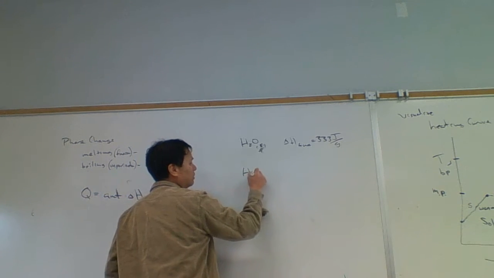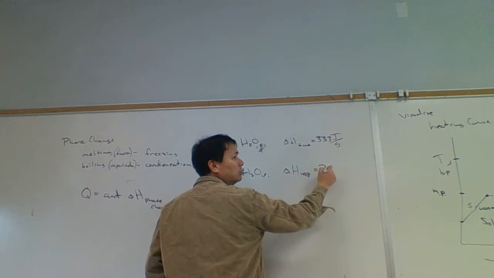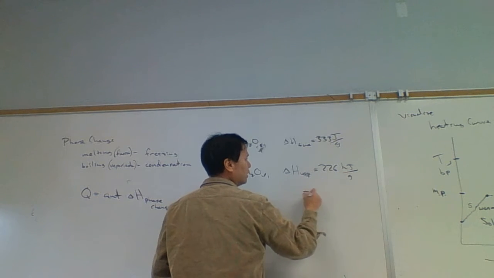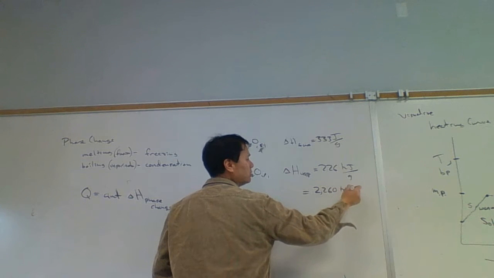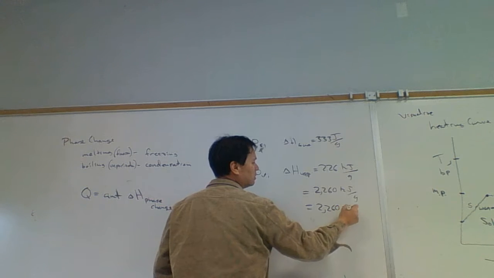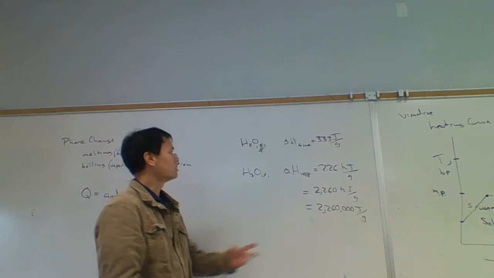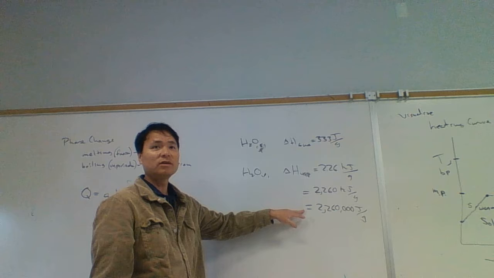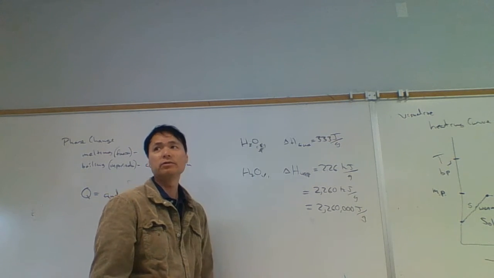If we look at H2O liquid, delta H of vaporization is 2.26 kilojoules per gram. That is 2,260 kilojoules per gram, which would be 2,260,000 joules per gram. And so compare the two energies. To melt water, 333 joules. To vaporize liquid water, 2 million joules. Huge difference.